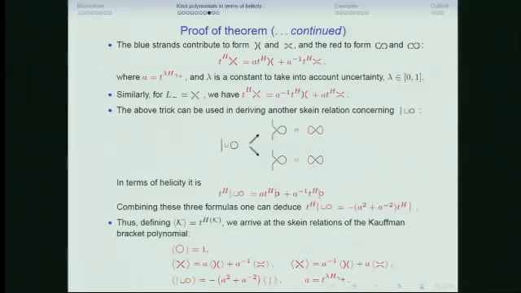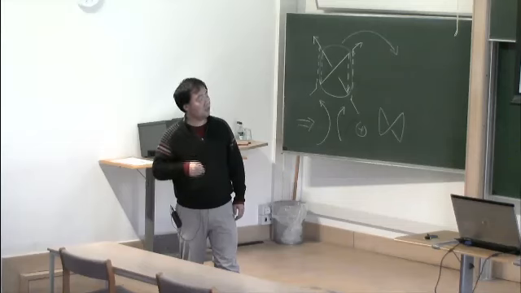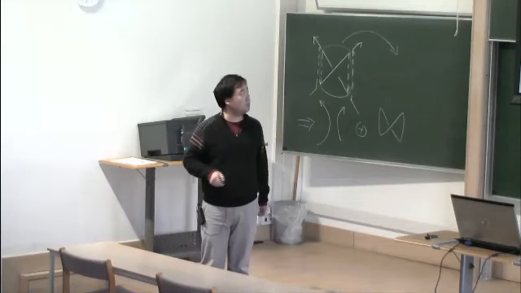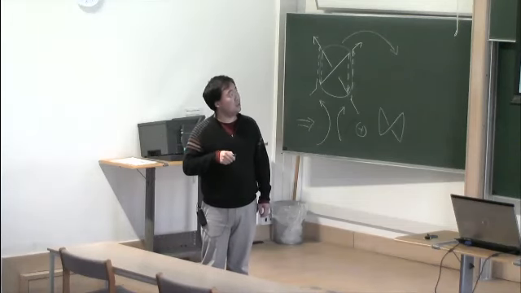Therefore, the right-hand side contains two parts: left-right splitting and up-down splitting. Here, the constant A is this, where lambda is a constant to take into account some uncertainties. It's just details. Lambda running from 0 to 1.